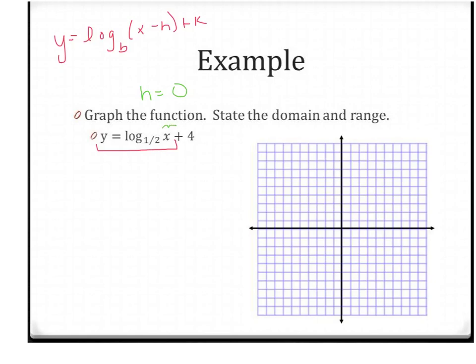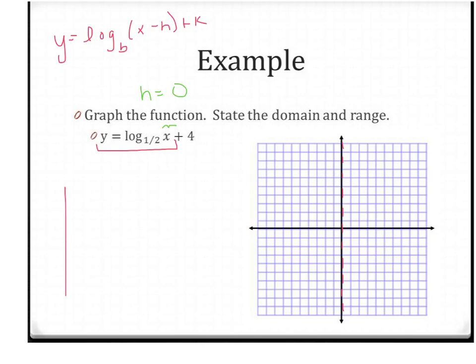There's nothing with that x there. And so we are going to have a vertical asymptote at 0. So there's my vertical asymptote. And what you can still do is graph your parent graph and then shift up 4.